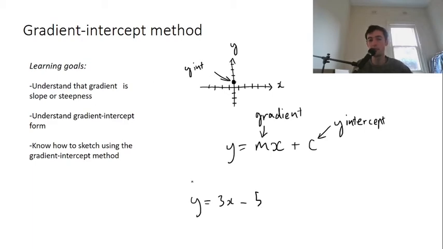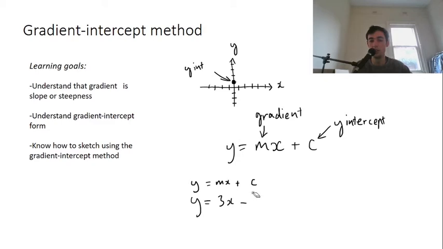You can write y equals mx plus c above it. And from this we can see the gradient m is 3. And the y-intercept, you might say, okay, the y-intercept is 5. But no, because this is plus c and we've got a minus here, the y-intercept is actually minus 5.